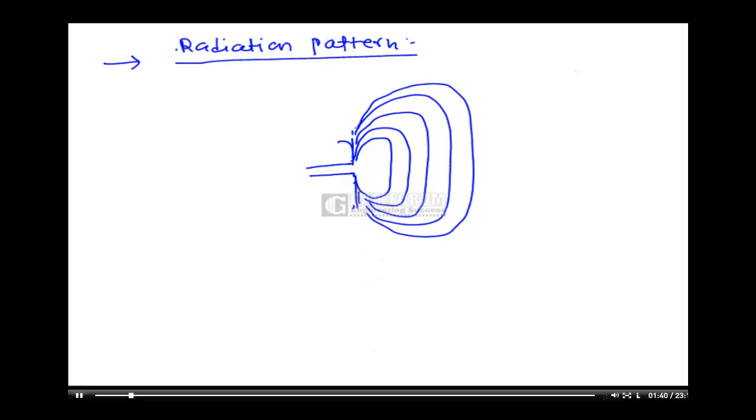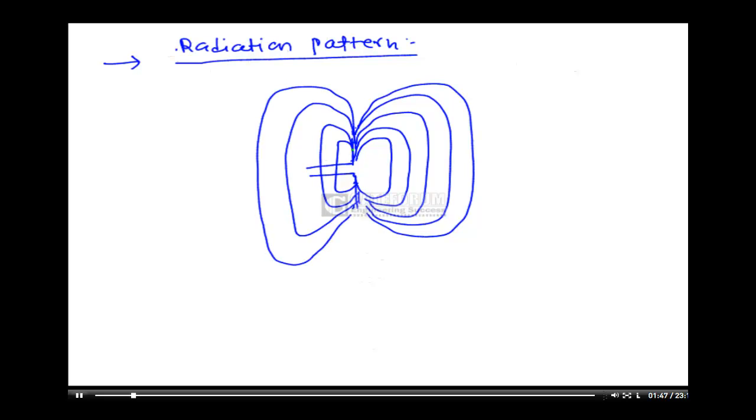Similarly, this side also. Like this. It's continuous, the propagation continues. So the radiation pattern is like this for the dipole antenna we are considering.